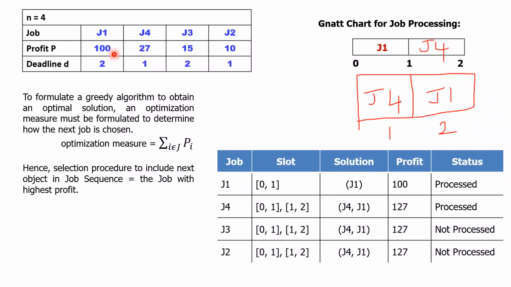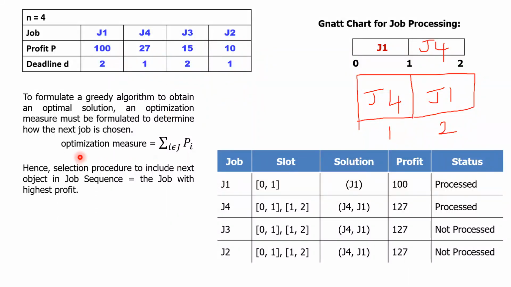Now, whether this is an optimal solution or not, it may be, it may not be, because the greedy approach itself may produce less optimal solutions, because at each step it makes locally optimal choices. So it may produce a globally optimal solution, it may not.